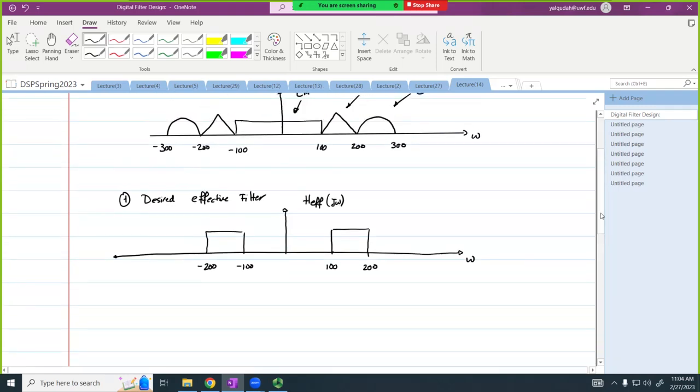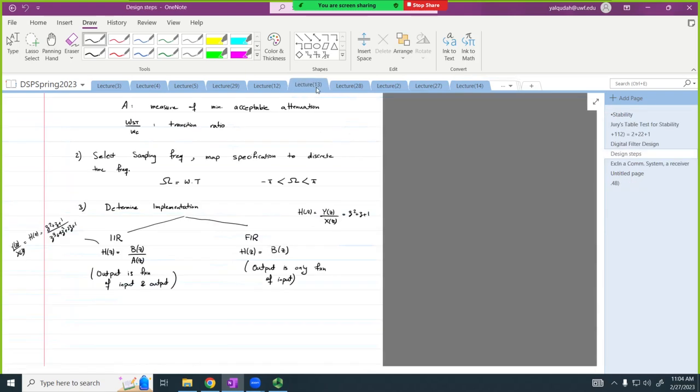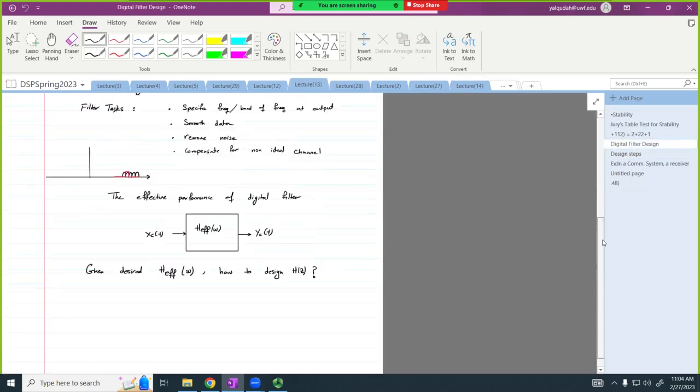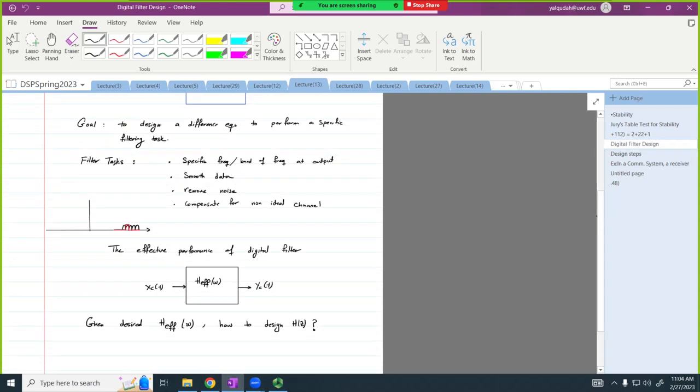Now, what does this H effective mean? I mean, if you look back at the end of the previous class, this is what H effective is. What does that mean?